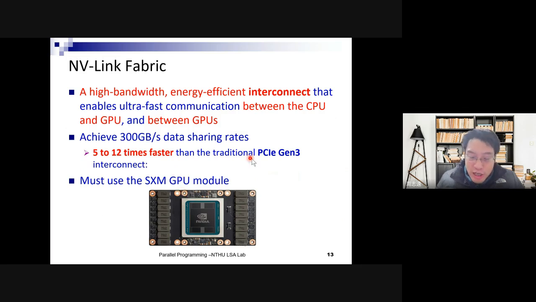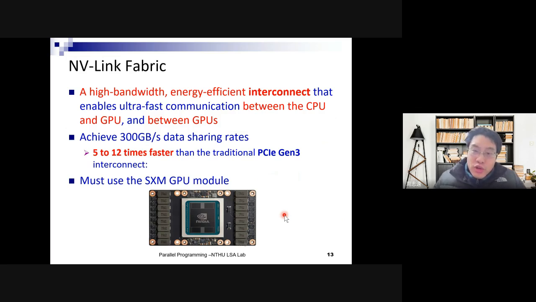It actually looks like a chip, like a chip showing here. This is what we call the SXM module. If you look at this NAND, this is an NVLink that tightly integrates with the GPU card, and it requires a different motherboard altogether.